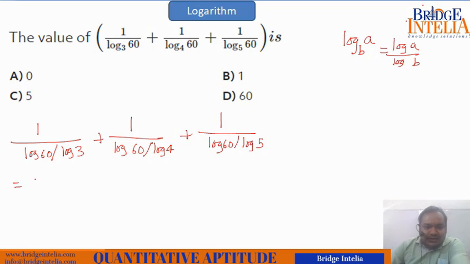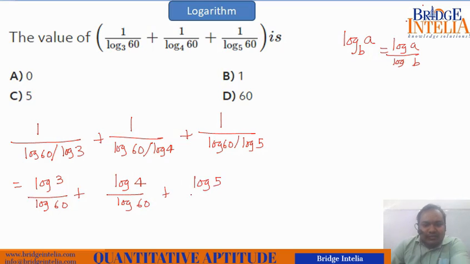So this can be rewritten as log 3 by log 60 plus log 4 by log 60 plus log 5 by log 60. So if you take log 60 common, it will be log 3 plus log 4 plus log 5.